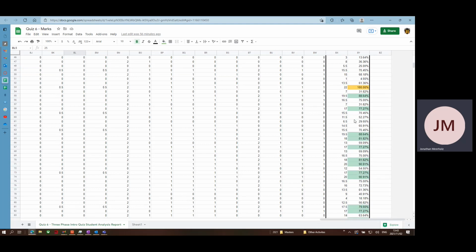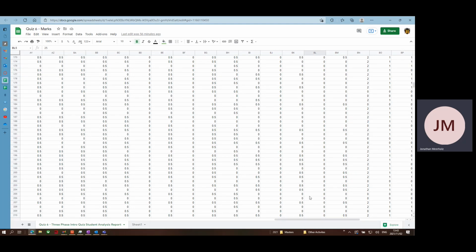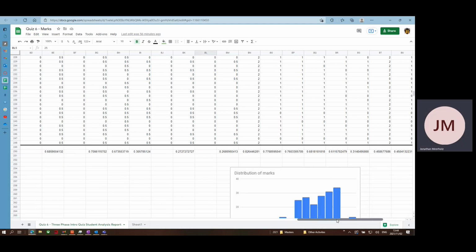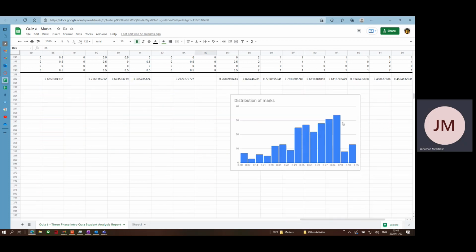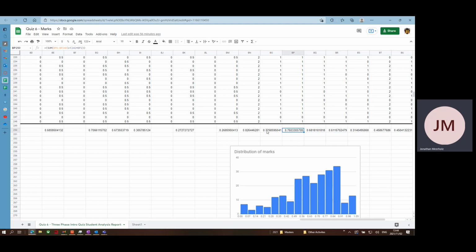Here's all of your marks and your percentages on the far side. If you want to see, out of interest, we go to the bottom here. Here's a distribution of the marks, like a percentage, kind of where people are around. If you see here at the bottom, the closer this number is to 1, the more people got it correct.